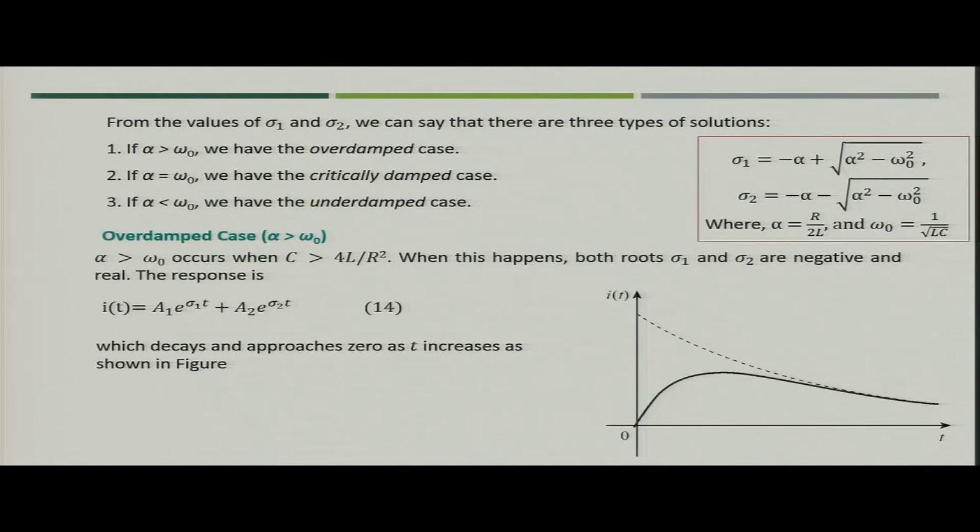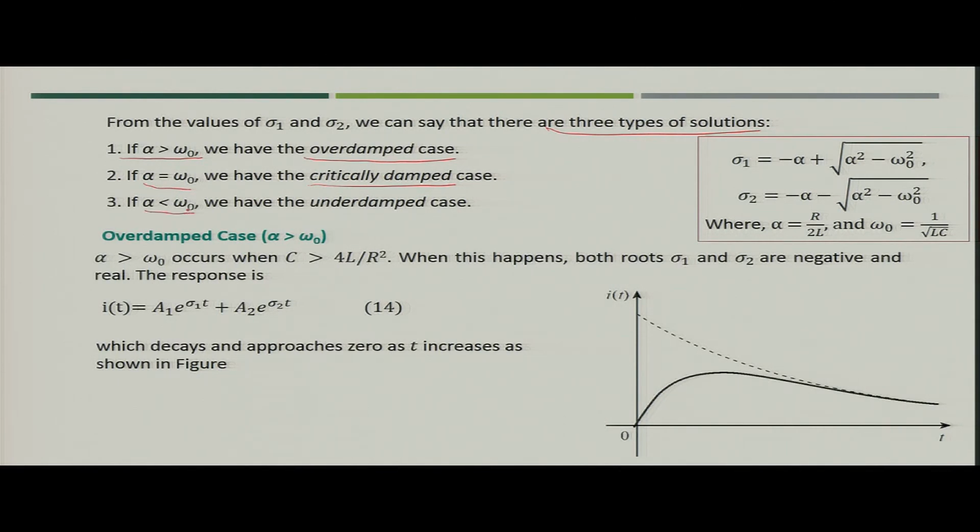Based on the values of sigma 1 and sigma 2, we found that there are three types of solutions. In the first case, when alpha is greater than omega naught, the circuit is overdamped. When alpha is equal to omega naught, we have the critically damped case.